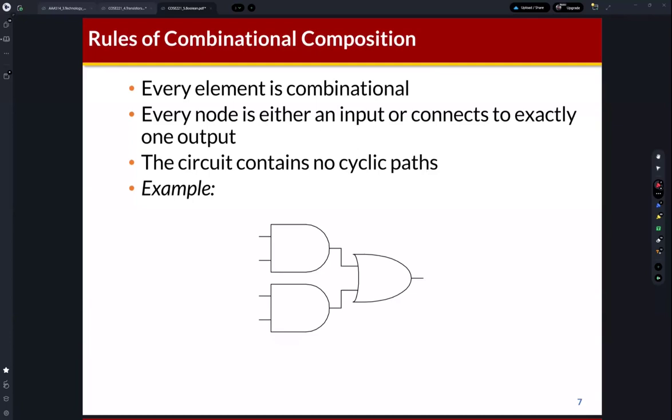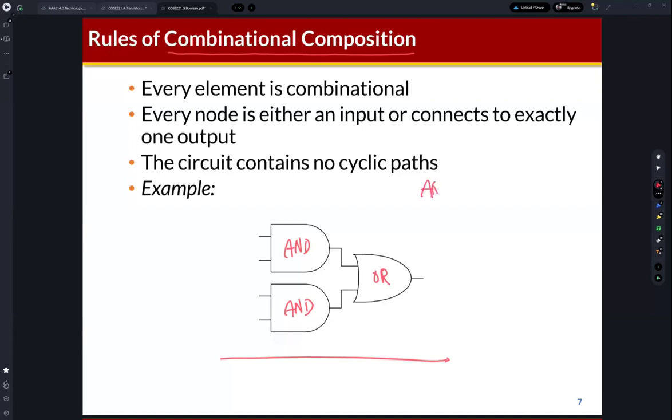So these are rules of combinational logic, combinational composition. In this example, you can find the AND gate here. This is the AND gate. This is the AND gate. This is the OR gate, right?